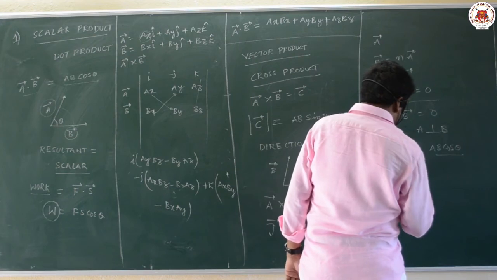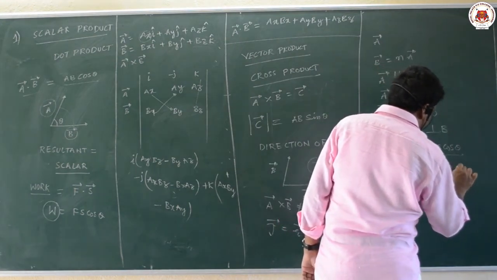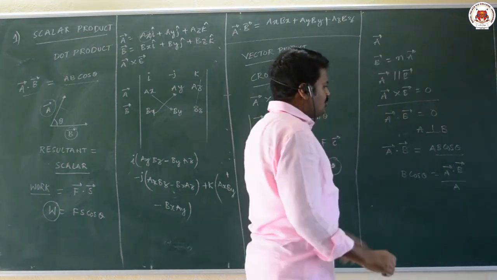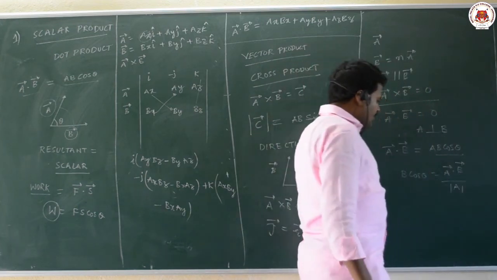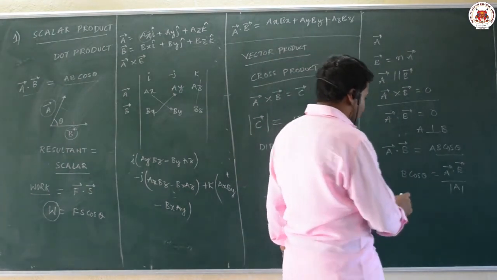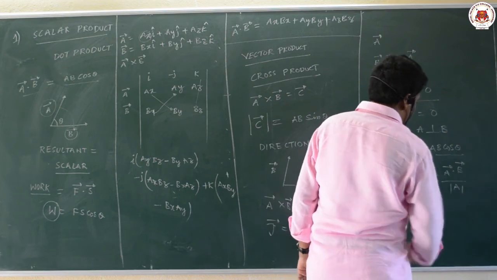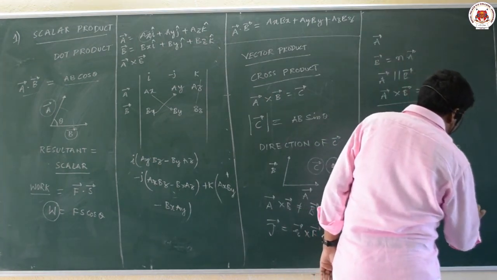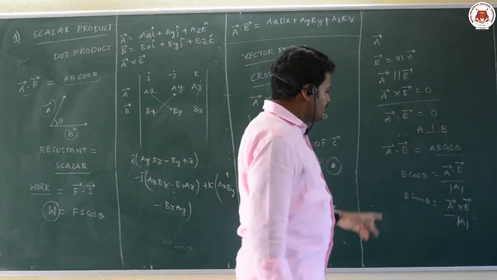B cos theta is equal to A bar dot B bar by A. That means first do the dot product, then take the magnitude of A and divide, then you will get the component of B. This is one of the components. If you want another component, B sin theta also you can find. B sin theta is equal to A bar cross B bar by A. Okay, like this we can find.